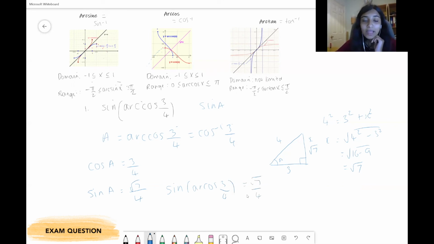It's not that complicated, as long as you realise that you can label whatever's in the bracket as A, then use the definition of inverse cos to work out what cos A is, and then do some normal trigonometry and Pythagoras to work out what sine A is.